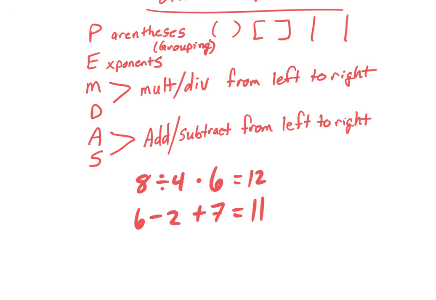So that's a completely different answer. Okay? And so that's the part where you got to really keep it straight, is all addition and subtraction happens at the same time. As I go from left to right, the first addition or subtraction sign I run into, that's the first one that I would do if there's multiple ones in the problem.